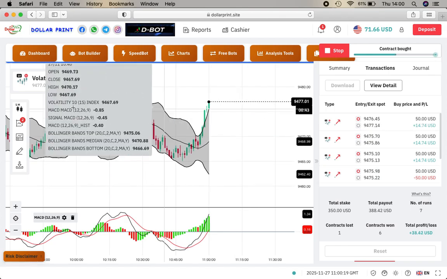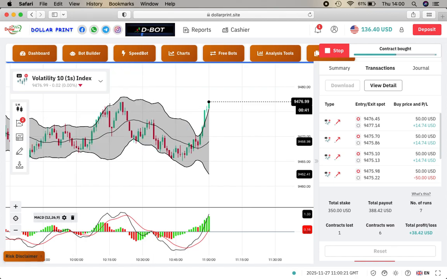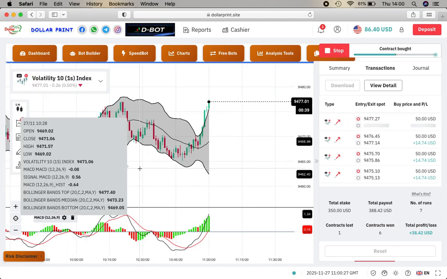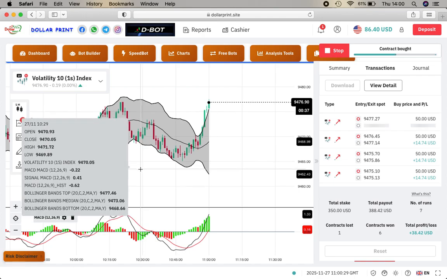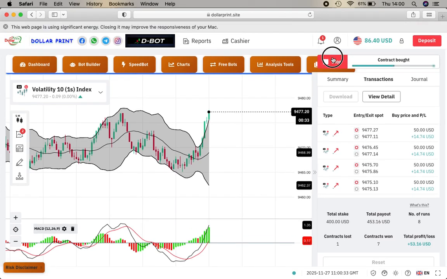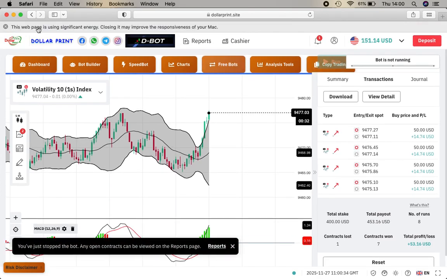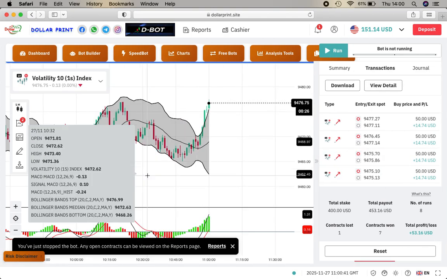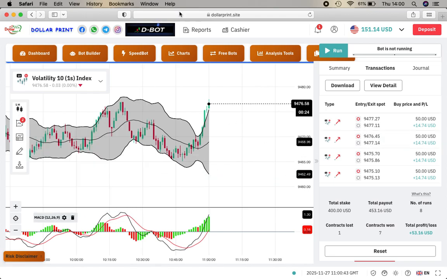The market is still okay, and also we have a key level here, let's see if the market will respect it. There it is. So that's how you can do it, just using these two indicators.